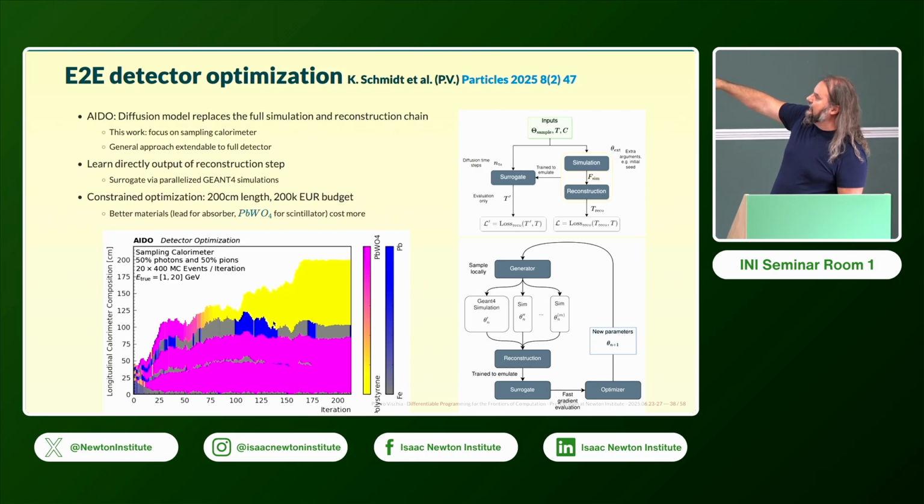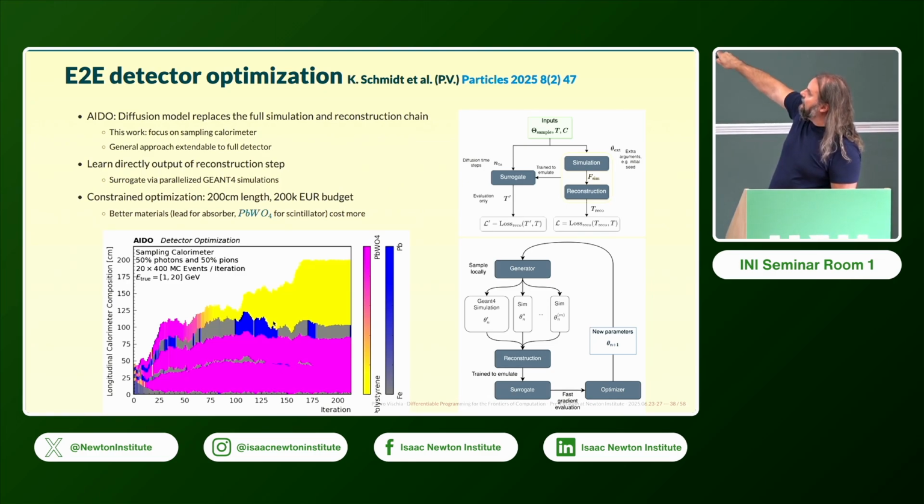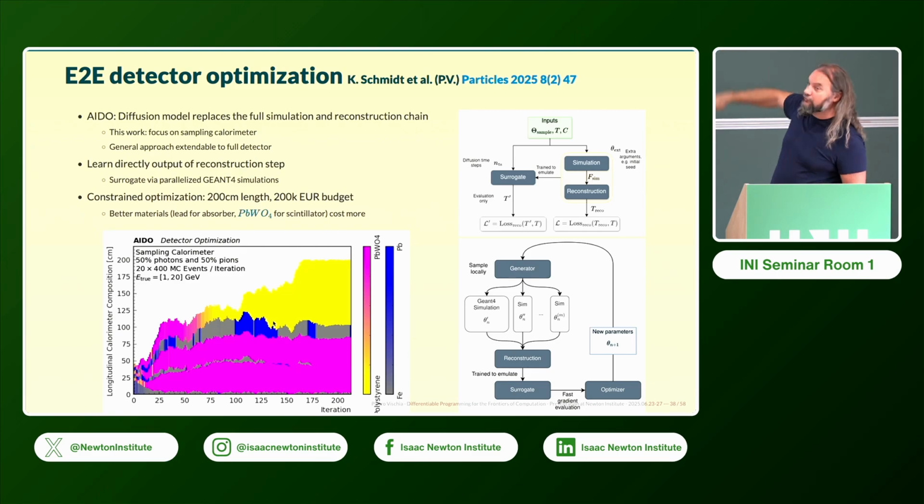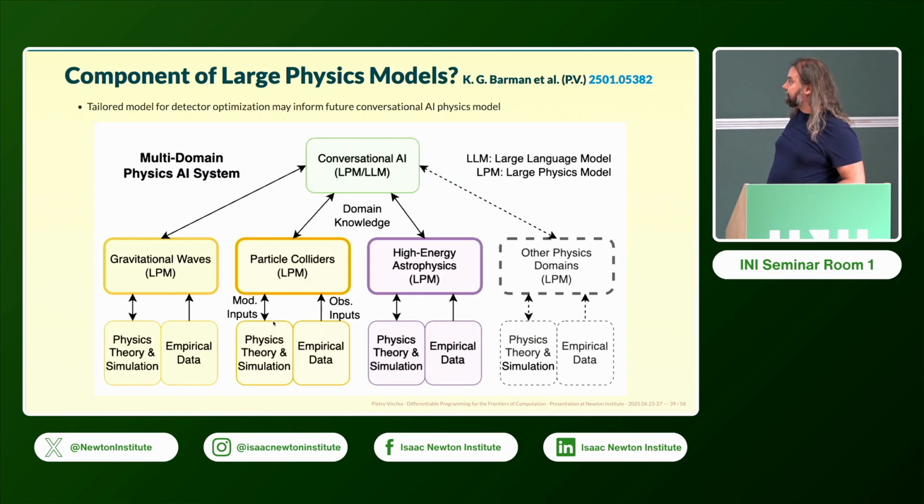Some is cheaper, some is more costly. And the algorithm learns what is the best composition. And the non-differentiable part is sampled every time, reconstructed every time, and then we train a diffusion model to replace it to do just the optimization step.